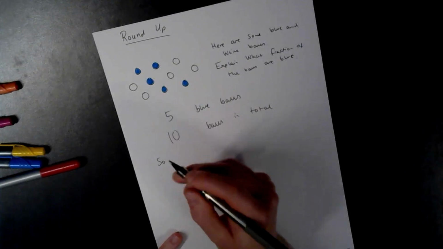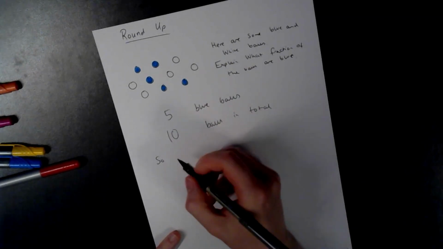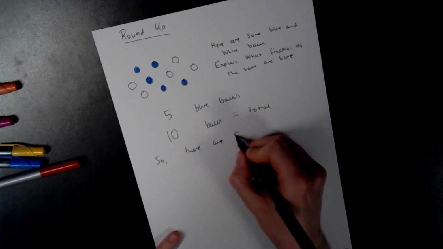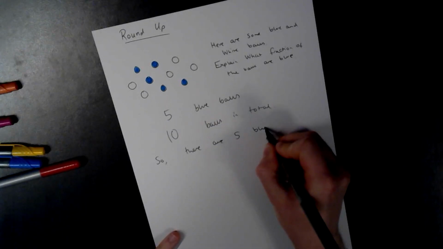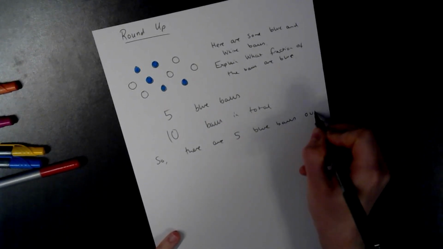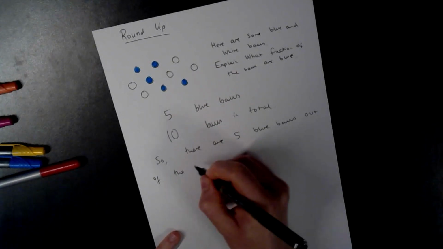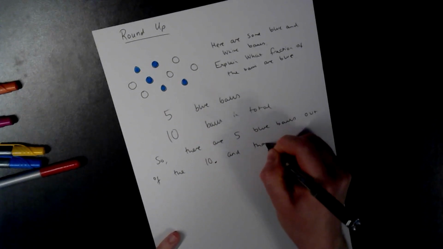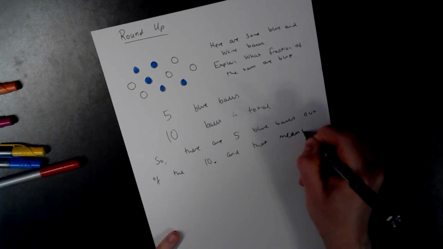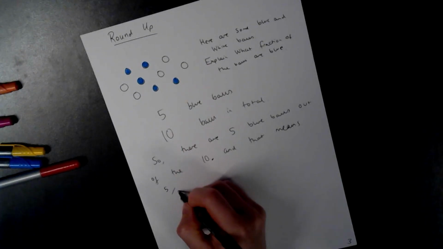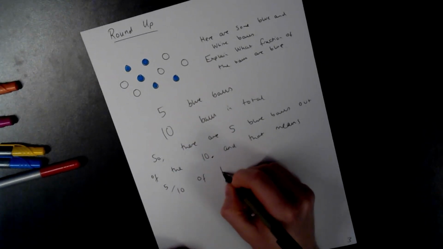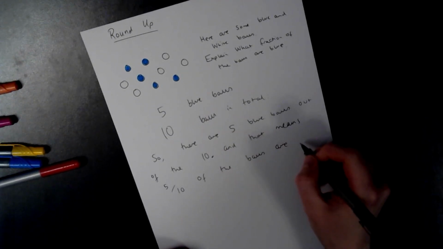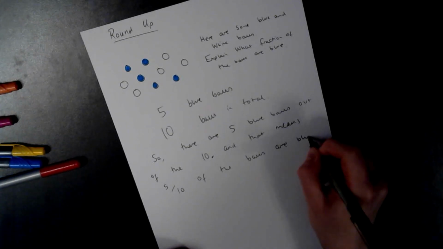So if I wanted to put it in a sentence, it would be something like, there are 5 blue balls out of the 10, and that means 5 out of 10 of the balls are blue.